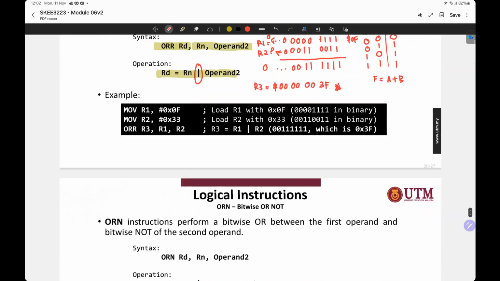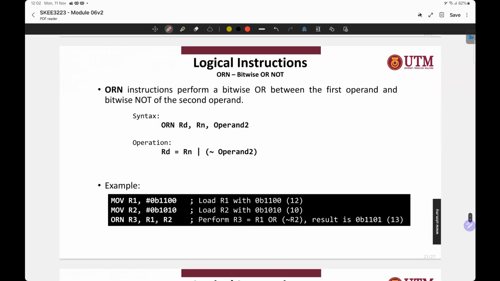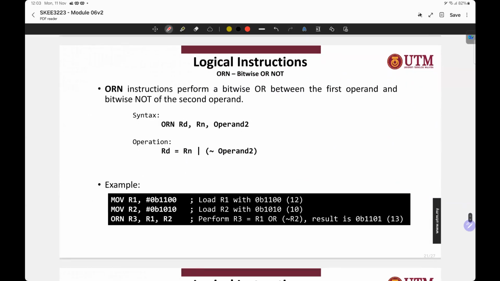Next, moving on to the third instruction, the bitwise OR NOT, ORN. The ORN instruction performs a bitwise OR between the first operand and the bitwise NOT of the second operand.